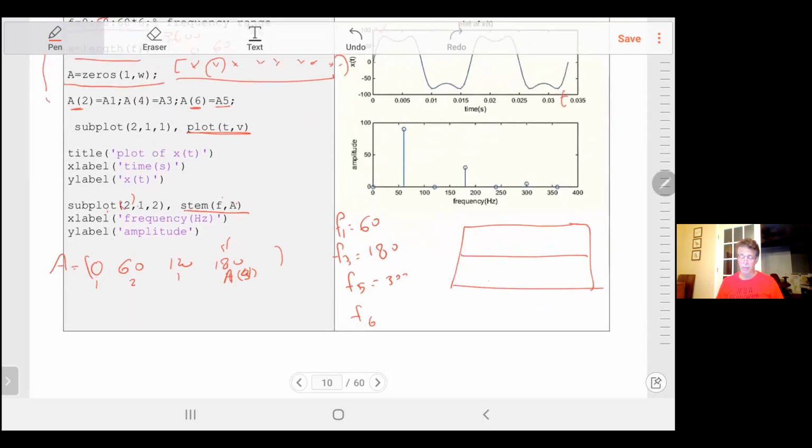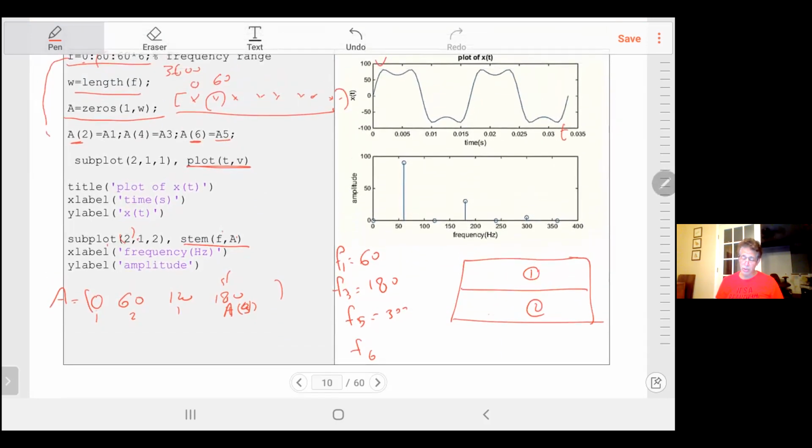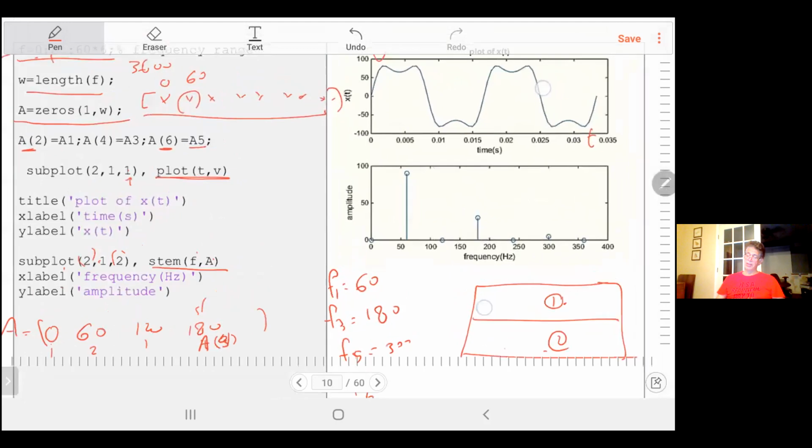And this will be screen number 1, that's screen number 2. So you will say subplot 2, 1, 1. It means you have 2 rows, 1 column, and this is the first screen. You are going to put T against V. Then subplot 2 rows, 1 column, you are on the second screen, you sketch the frequency against A. And that's what you got.